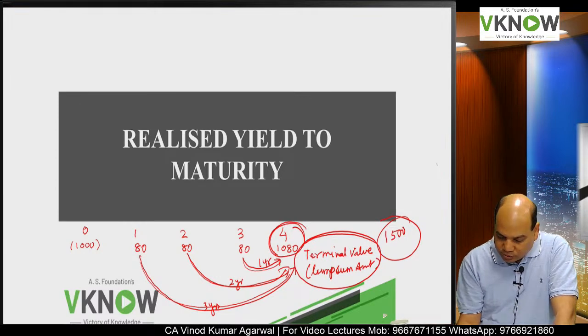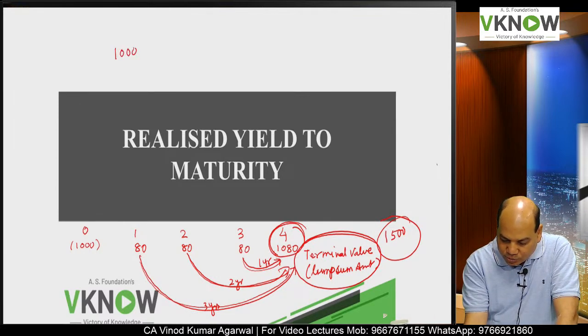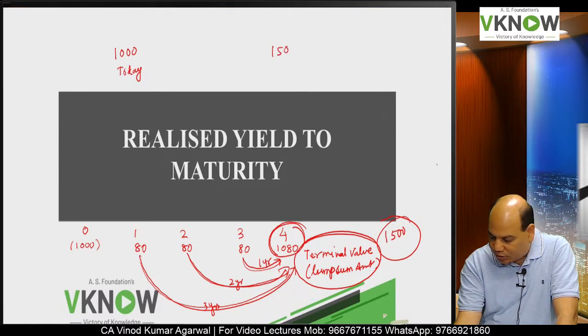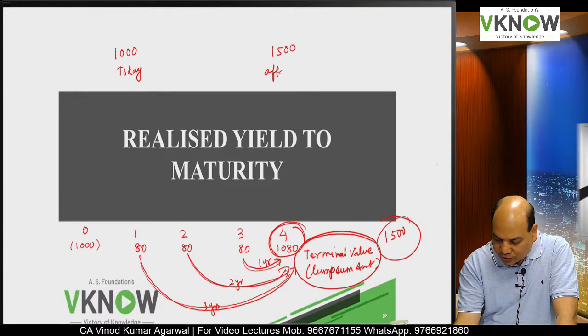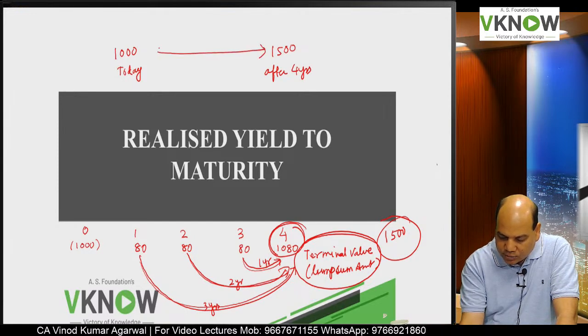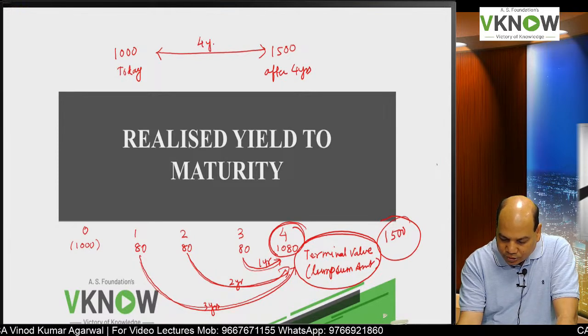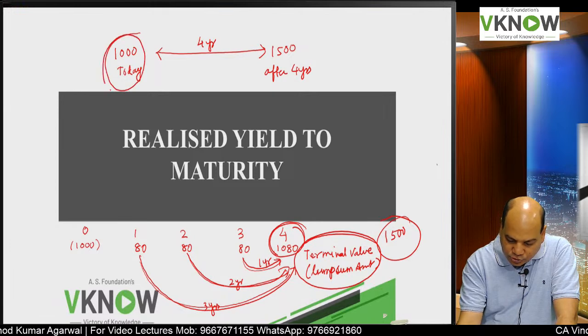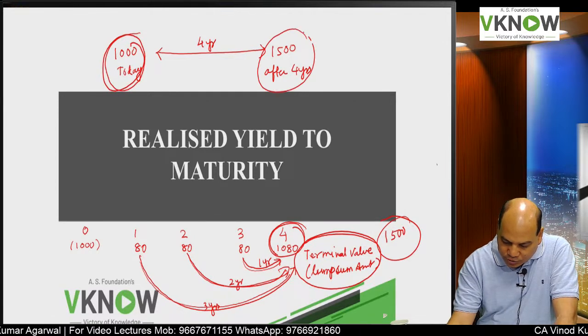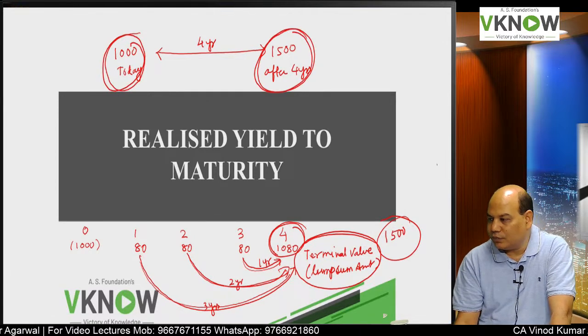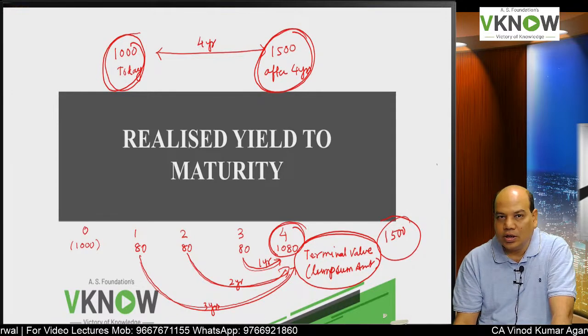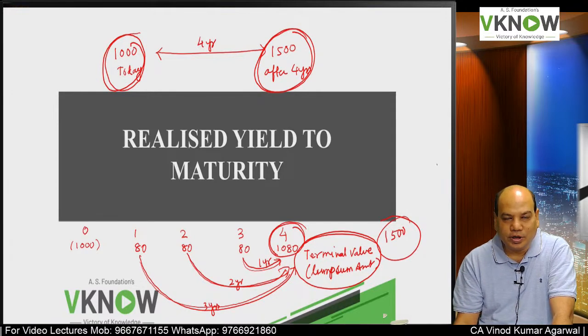So now we have invested 1000 rupees today. We will get 1500 rupees after 4 years. It is like a 4th standard question that if you invest 1000 rupees today, if you receive 1500 rupees after 4 years, what is the annual compound rate of return?